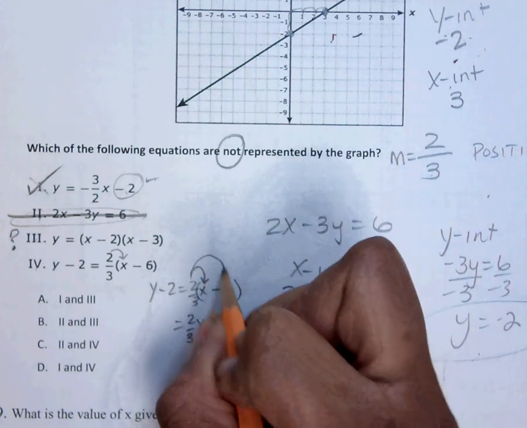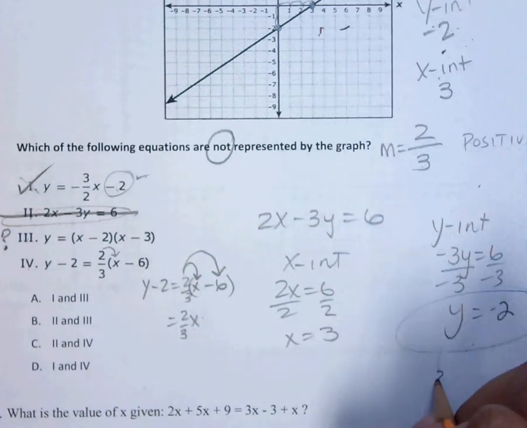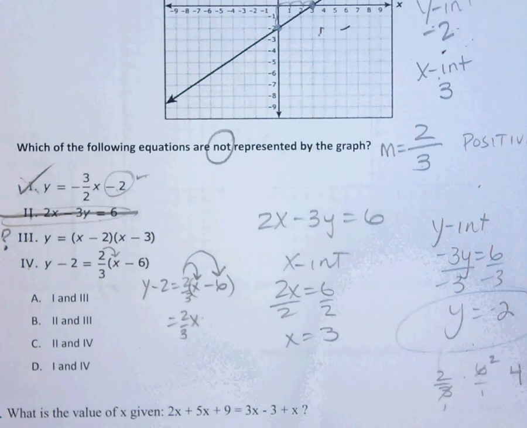When I multiply that, it's just going to be 2/3 times 6. And that gives me 4. Now, how did I do that? You can use a calculator, or you can do it by hand, or you should have seen my work over here. 2 over 3 times 6 over 1. I did some cross reducing. 3 goes into 3 once, 3 goes into 6 twice, so it is 4.